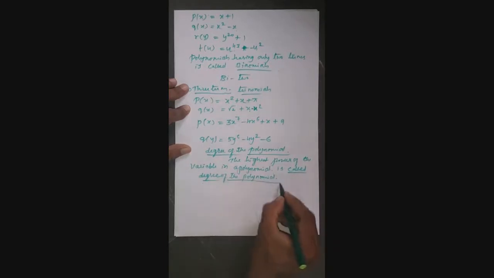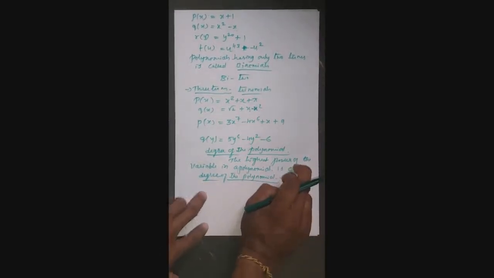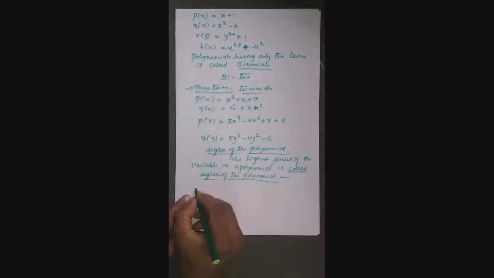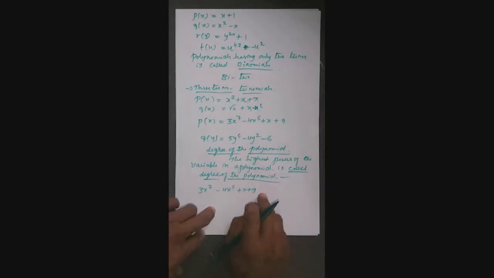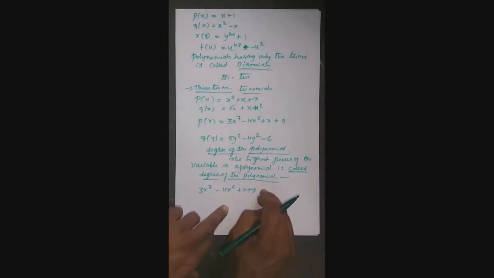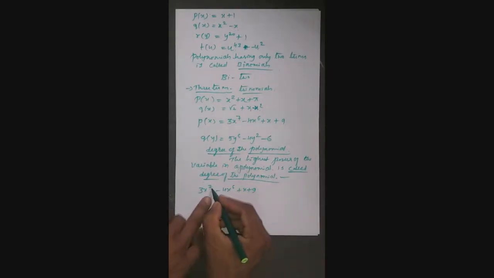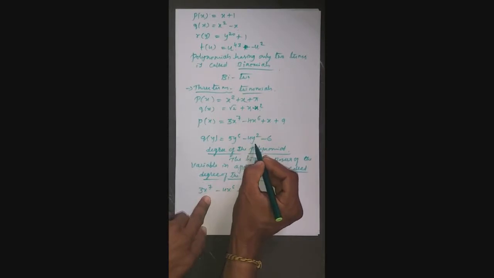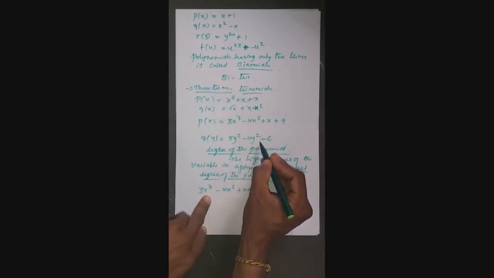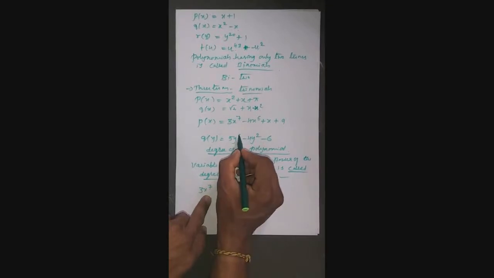Degree of the polynomial. See, next, one more I will write, that is 3x to the power of 7 minus 4x to the power of 6 plus x plus 9, right? See, I have given here an algebraic expression, the degree of the polynomial is 7, and for 5y to the power of 6 minus 4y to the power of 2 minus 6, the degree is 6, right?